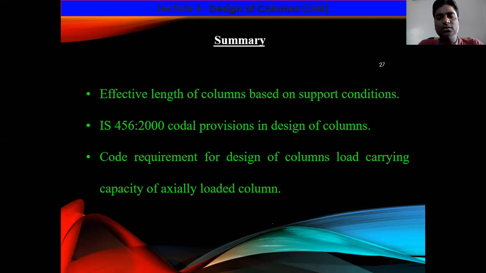So the 6% is limited to 4%, right? So while designing, you should remember these provisions. Then we have discussed the minimum number of bars to be used as longitudinal bars. For a square and rectangle, the minimum is 4 bars, and for circular, the minimum number of bars is 6.